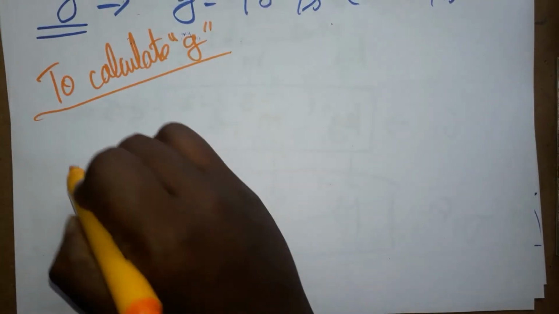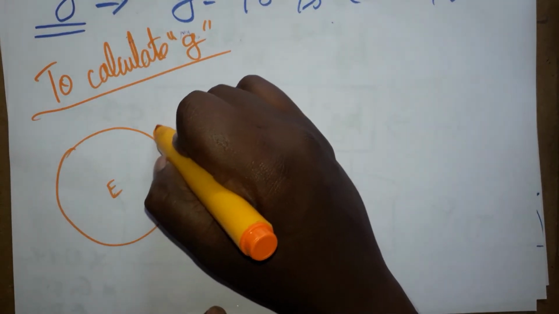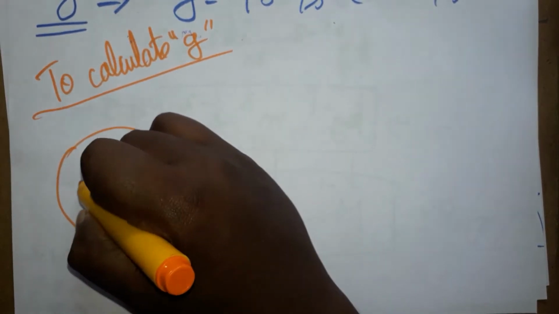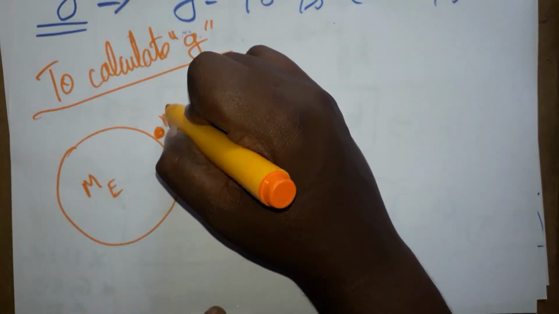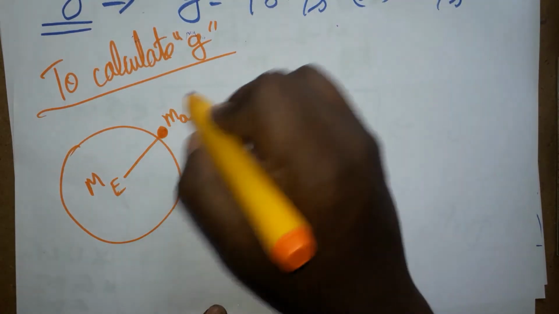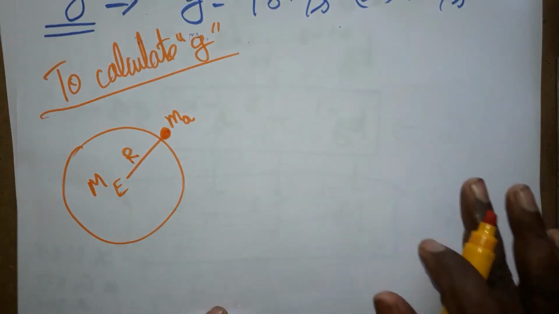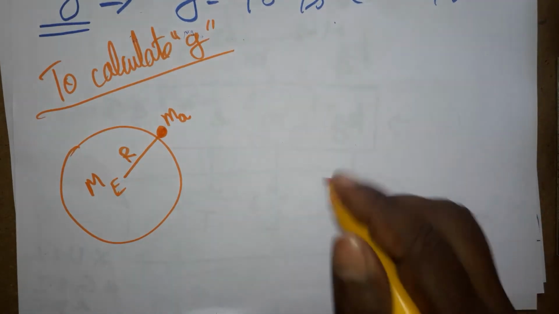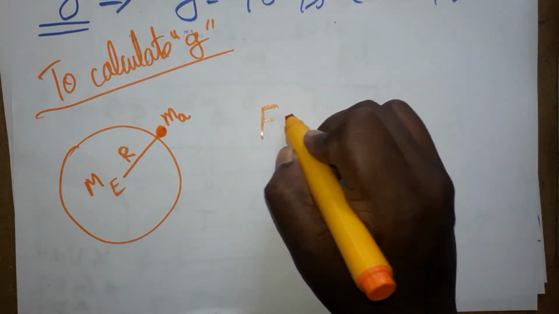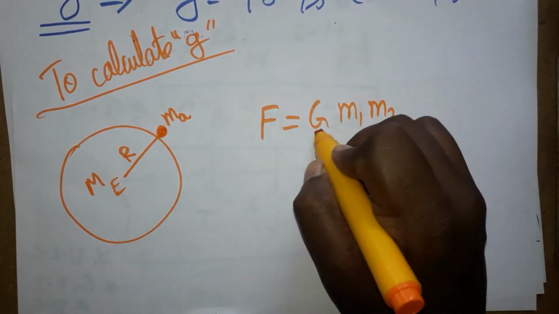Consider the earth surface, it is the earth, and I consider one apple on the earth surface. The mass of the earth is Me, the mass of the apple is Ma. The apple's radius is negligible, and I take the radius of the earth as capital R. Now F is equal to G times m1 m2 divided by d square.